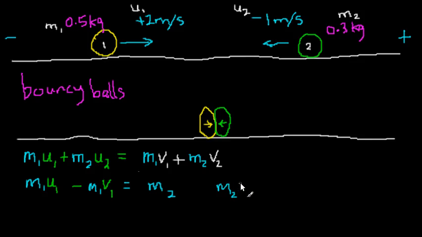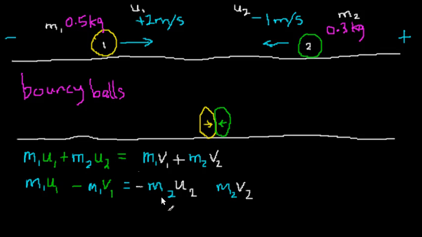So I'm going to keep the V2 here. I'm going to move the M2 U2, the momentum before colliding, to the right. So M2 U2, and there's a minus sign here, since I move it to the right.